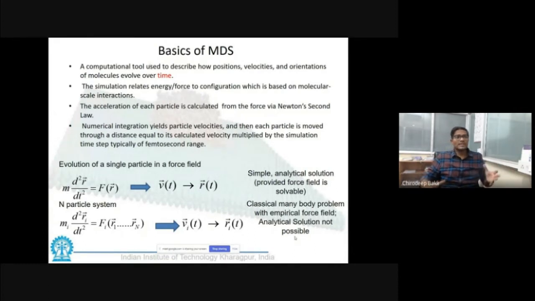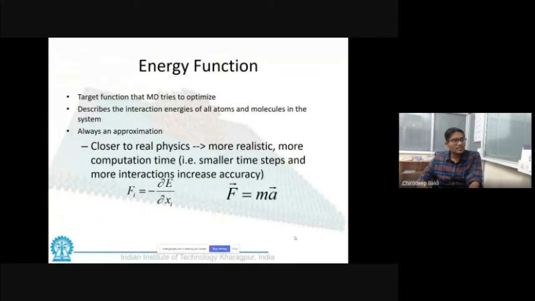This is the basic algorithm that it does. It tries to calculate the force that is acting on a particle and then integrates it. Mass times acceleration is force, that is from Newton's second law. We integrate it to obtain velocity, we integrate it to obtain the position. So that is how we try to find out how a particle is evolving.